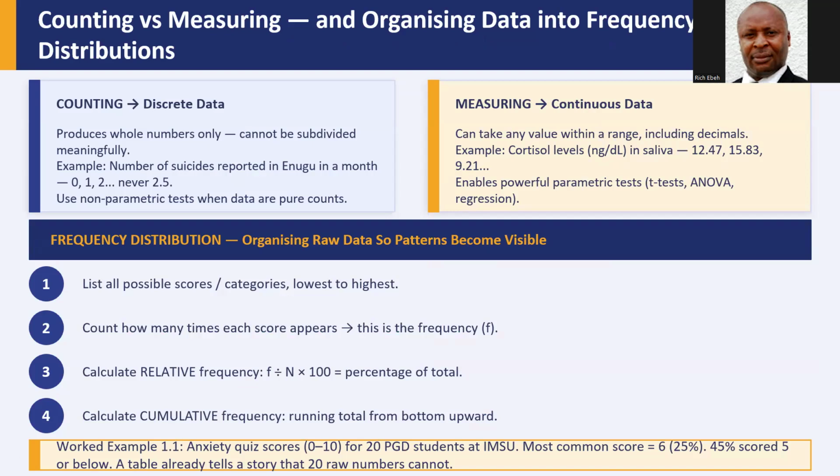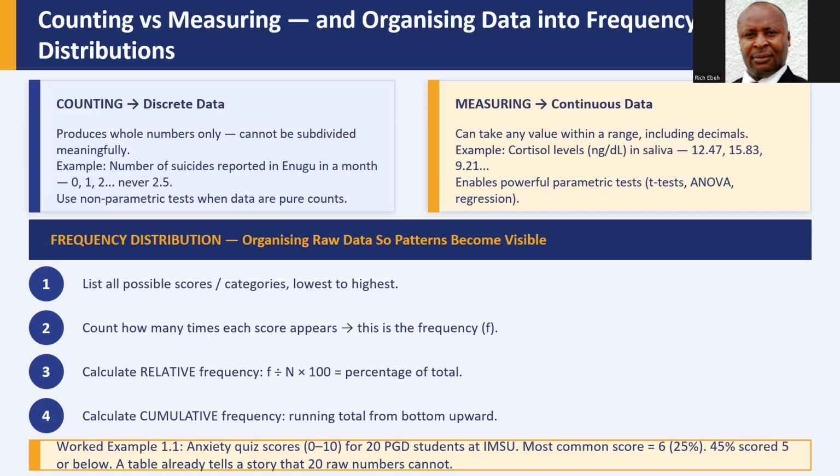Let's look at counting versus measuring. Organizing data into frequency distribution. There is one more important distinction that we need to understand before we move to our next section. Counting produces discrete data.